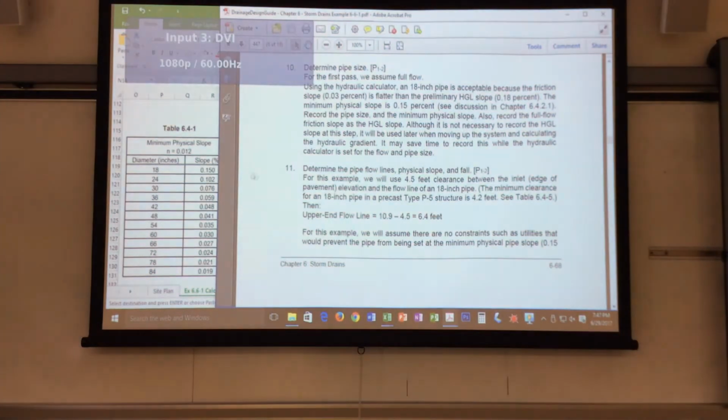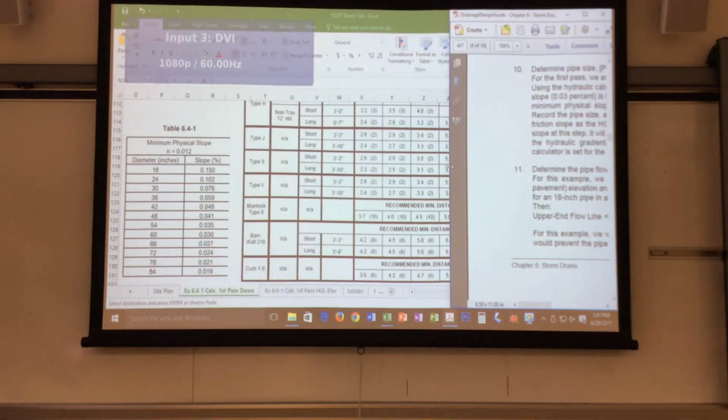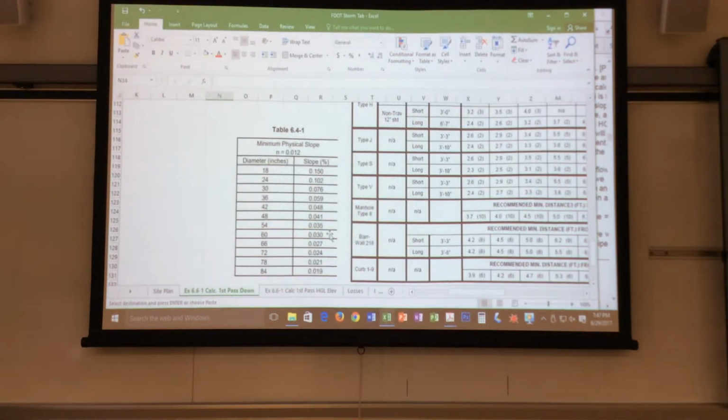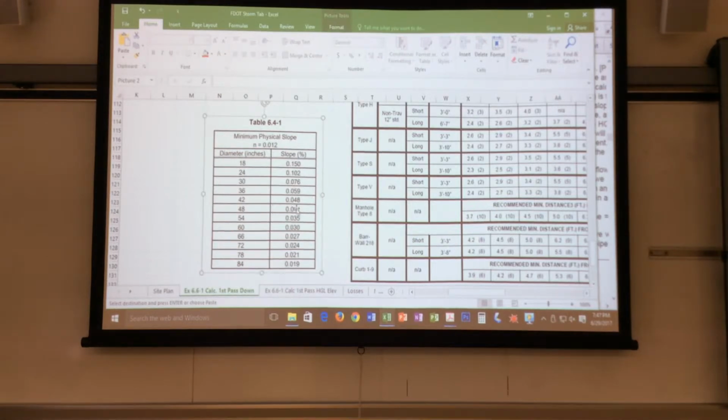Now the invert to the next pipe has to be lower, right? Now here's one more thing that I want to show you. And I'll post these tables online. They won't be in your Excel sheet, but I will get them online. It says minimum physical slope with a Manning's n of 0.012, the diameter 18 inches, the slope is 0.15%.